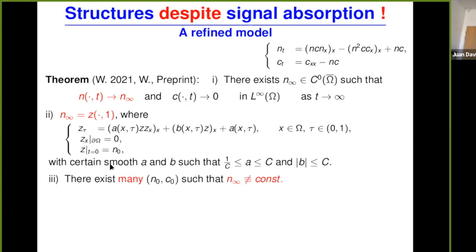And indeed, you can explicitly prove there exist many initial data such that this limit has a structure. It is not a blow-up thing. The n infinity here is a continuous bounded function in particular, but it's not constant. This is the snowflake, the 1D, of course, snowflake.